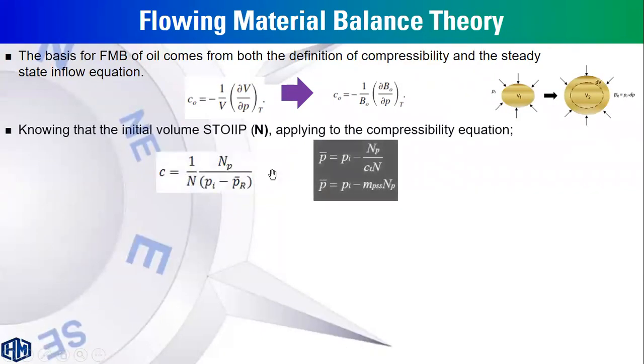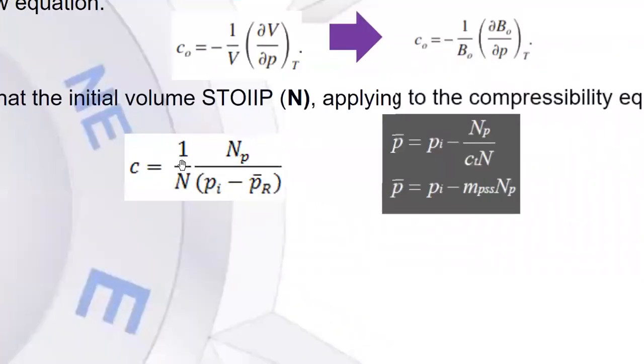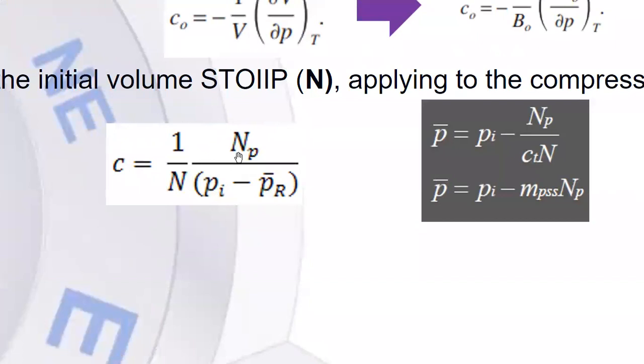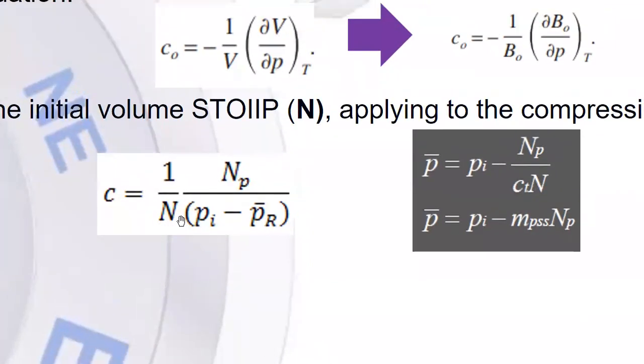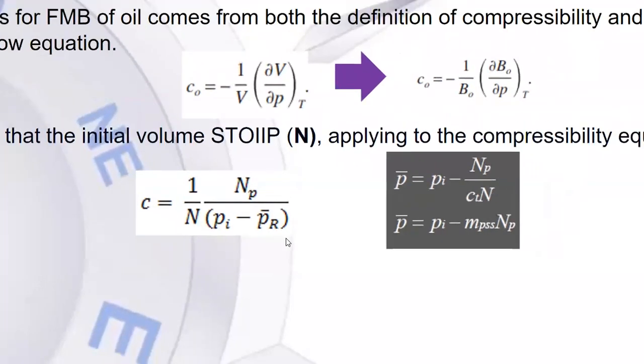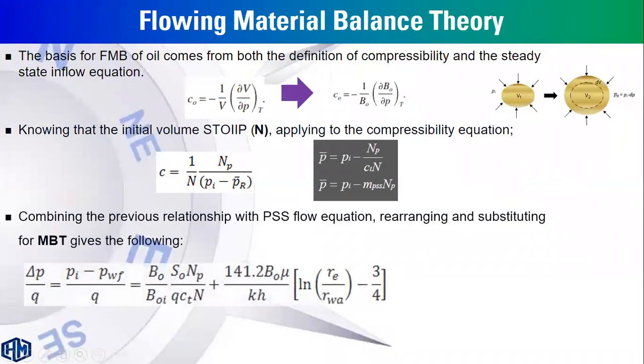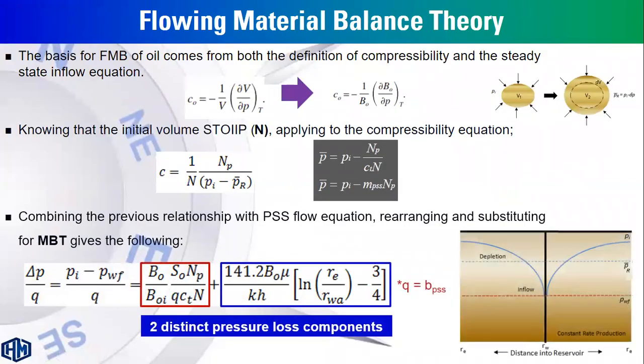So with the initial volume N, we can define the compressibility equation in terms of Ni, which is the initial volume, and N, the remaining volume, and delta B, which is Bi minus B at the average reservoir pressure.